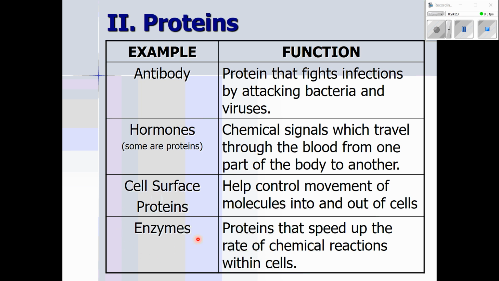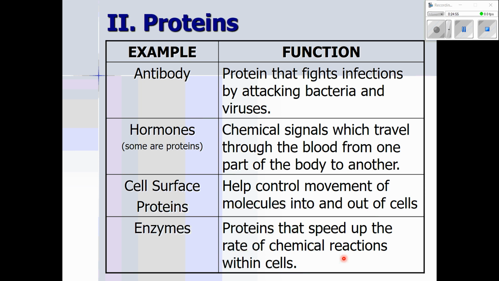There's an entire class of proteins called enzymes. These are proteins that speed up the rate of chemical reactions in our cells. So there might be a chemical reaction that would happen on its own, but it would take days, weeks, months, years for that chemical reaction to occur.